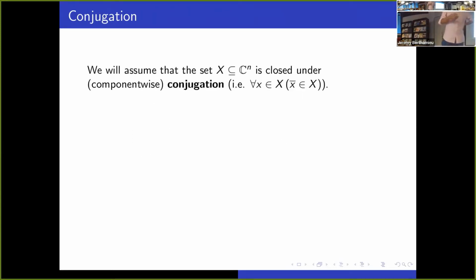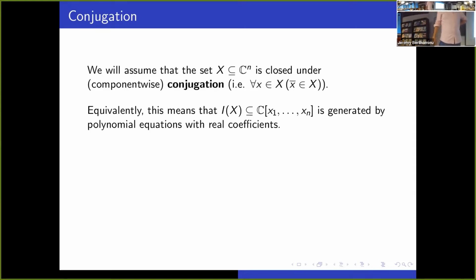Conjugation: we will assume that this set X is closed under conjugation component-wise. It means that for all x in X, x bar, the conjugate of x, is also in X. Equivalently, this means that the ideal of X is generated by polynomial equations with real coefficients.